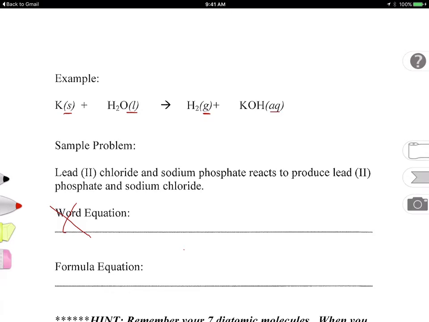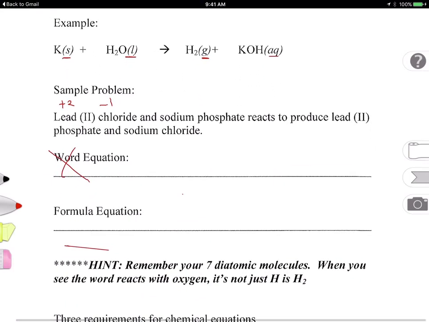So let's write our formulas. Lead II chloride. So again, the lead is a +2, chlorine is a -1. So my formula for the lead II chloride is PbCl2. Okay.